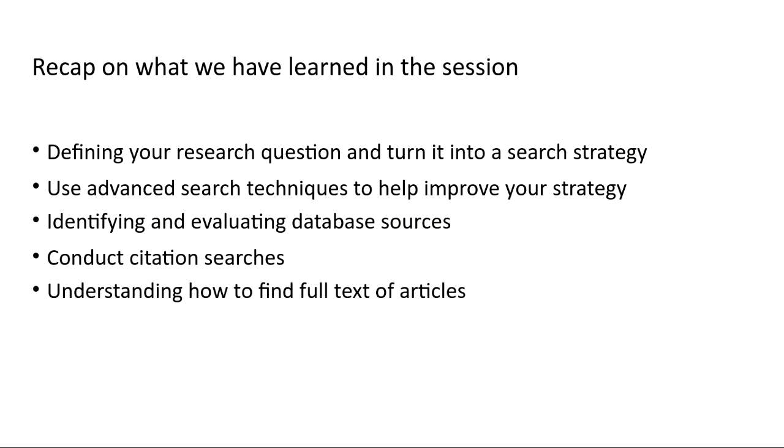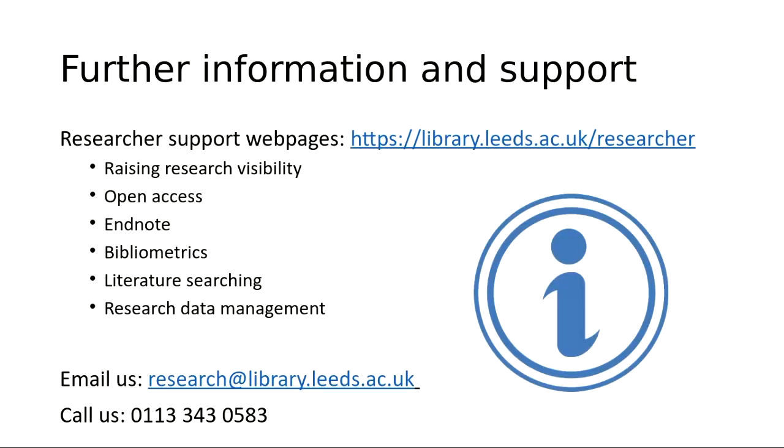We've also told you about citation searching and how that is a really useful technique to use in addition to your initial literature search. And we've shown you how to use the Check at Leeds button to find full text articles.